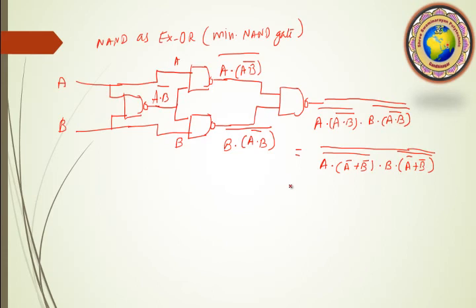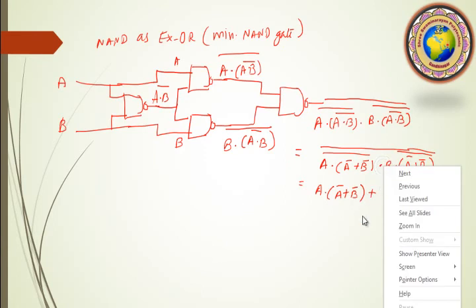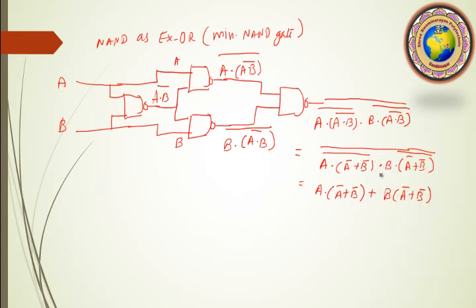Okay, so to simplify here, I get A dot A bar plus B bar plus B (A bar plus B bar). Once again I am using dot to plus, meaning multiply to addition, we have to use De Morgan's law. Here I just simplify the brackets: A B bar plus B A bar plus B B bar.